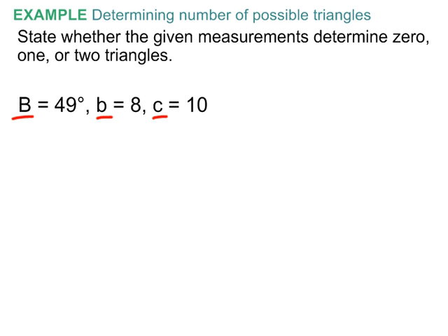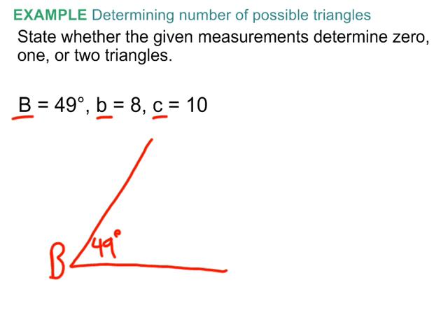I would get in the habit of always drawing my angle in this orientation. It obviously doesn't have to be that way, but that's how I choose to do it. And try to draw it reasonably. So I'd say this is a reasonable 49-degree angle. It's a little bigger than what we know 45 degrees to be. So call that 49 degrees, big B. And remember, little b has to be across from big B.